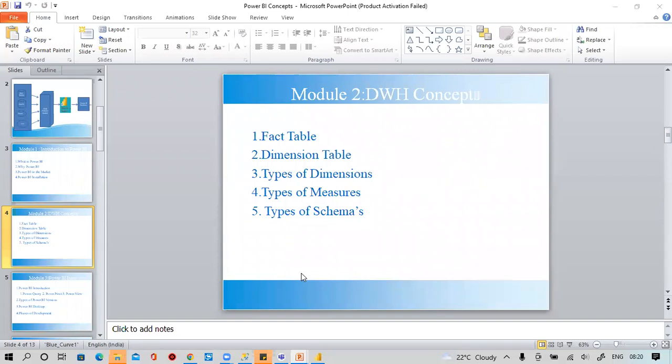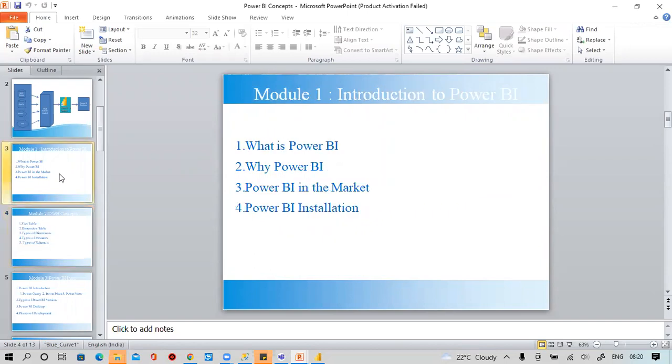Actually, we got personal messages, that is one point. Another point is, if I do it in English, the definitions which I gave you, types of dimensions, dimension table and fact table, I never got from any book.